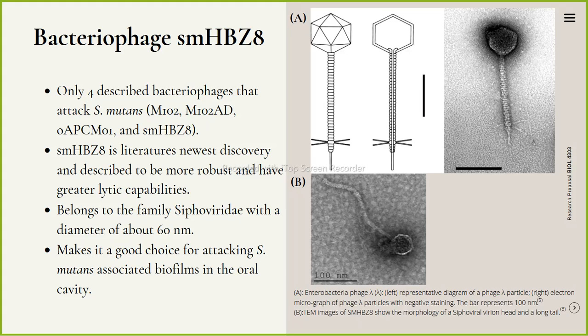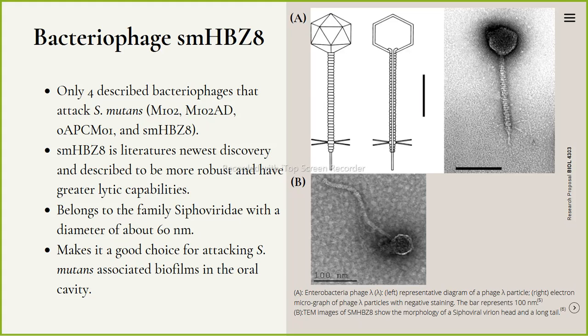All of these bacteriophages belong to the family Cephalophoridae with a diameter of about 60 nanometers. This makes it a good choice for attacking the S mutans biofilm associated in the oral cavity. On the right, we can see a diagram and an electron micrograph of what is known as a lambda phage.